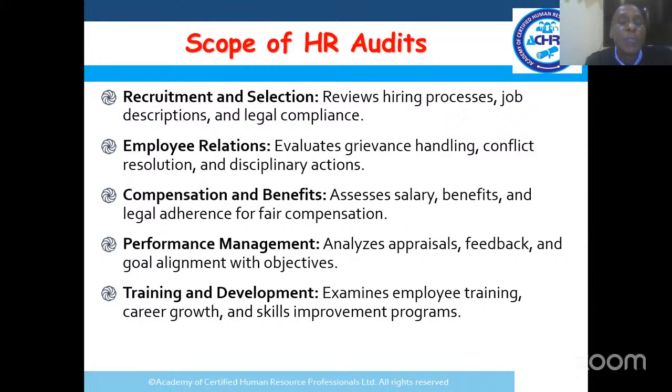3, on recruitment and selection, are there adequate systems of identifying qualified candidates? And that means that we must have systems for screening the applications, for interviewing, and for selection.